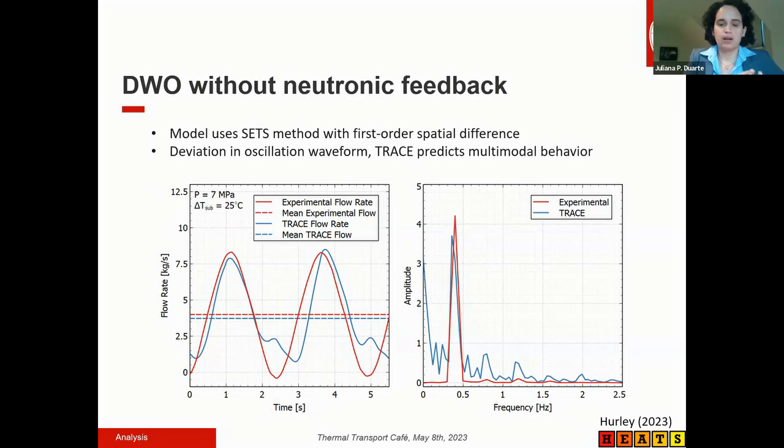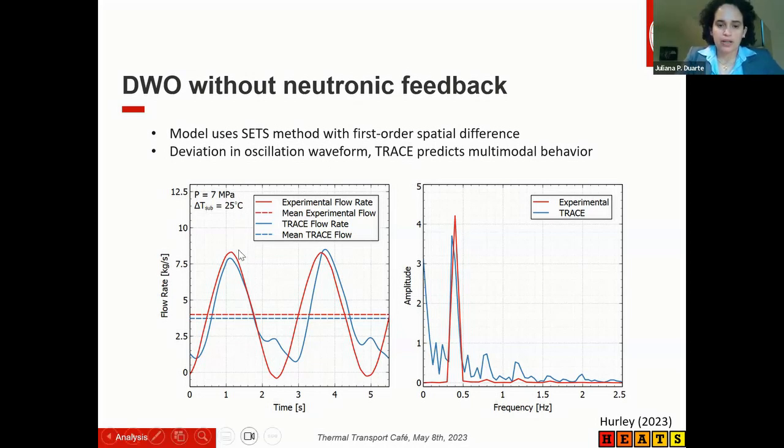So we see on the left side the amplitude, and on the right side the Fourier transform of the oscillations that shows the frequency about 0.4 hertz for most of the data.